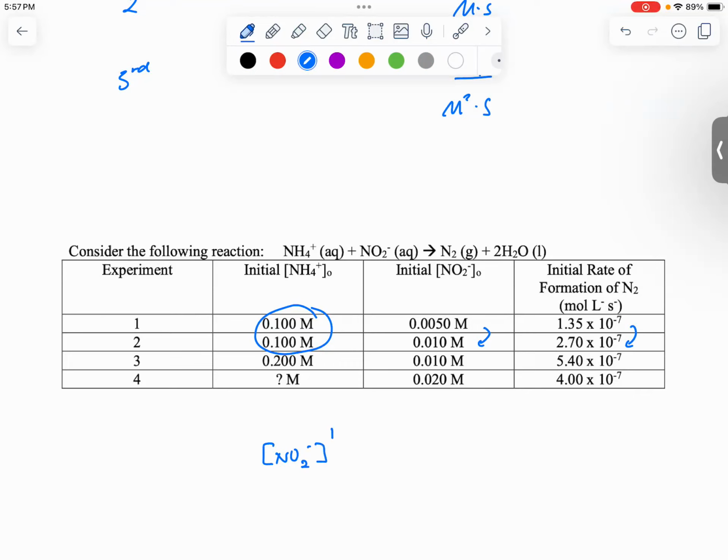First order. If the concentration doubles, the rate doubles. That's what we said about being first order. Linear, right? If the concentration doubles, the rate doubles. Okay?